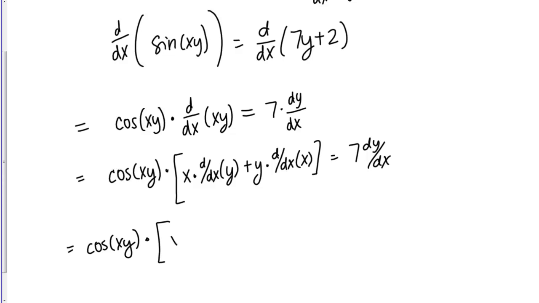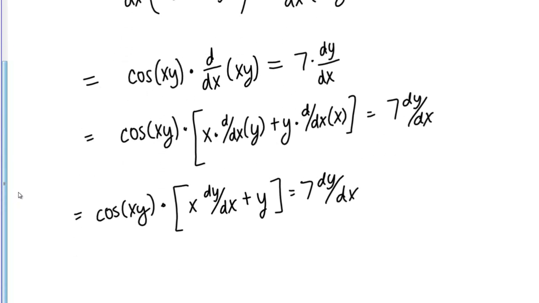So we have x times the derivative of y. The derivative of y is dy/dx, or y prime if you'd like to write it that way, plus y times the derivative of x. The derivative of x with respect to x is just 1. So this is just plus y, equals 7 dy/dx.